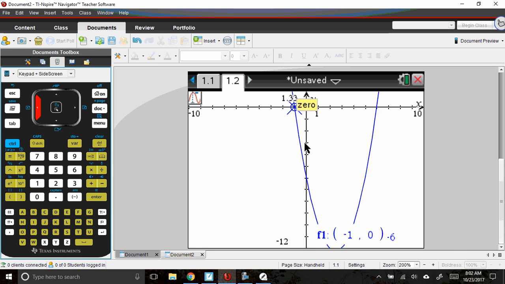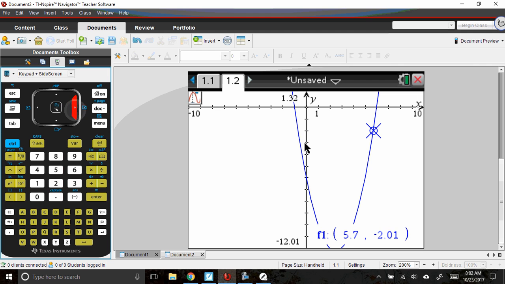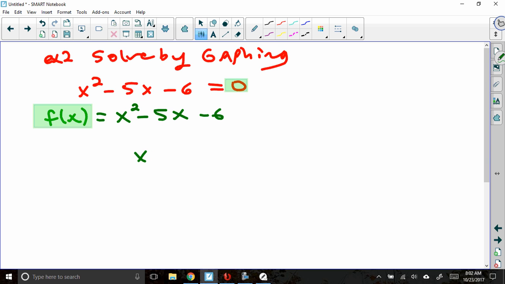Well, there's one that's negative 1. There's one that's negative 1, and the other one, one of these days it'll show up. A little bit of latency between my computer and the calculator. 6, okay? So our answers here are x equals 6 and x equals negative 1, okay?